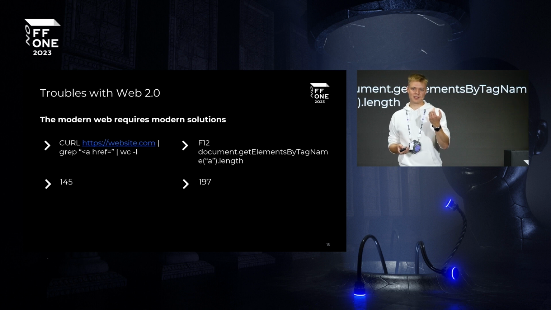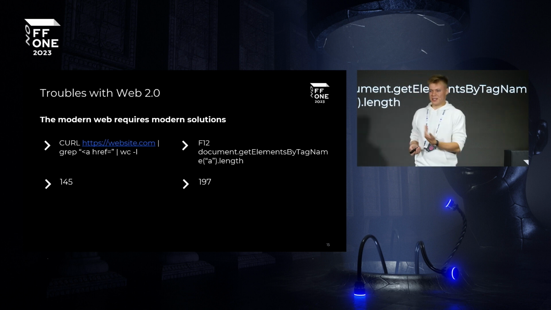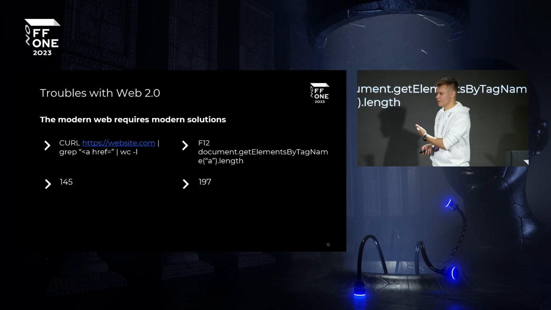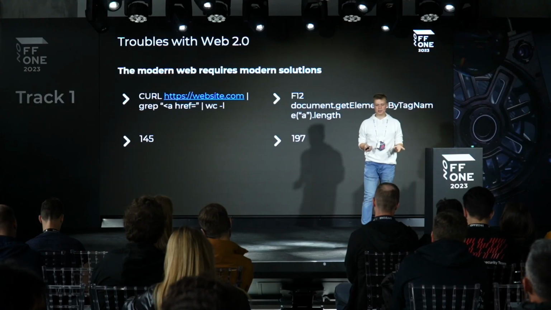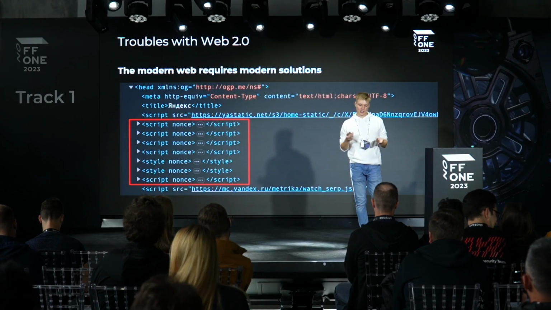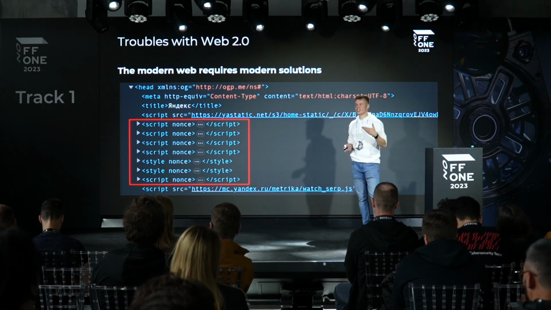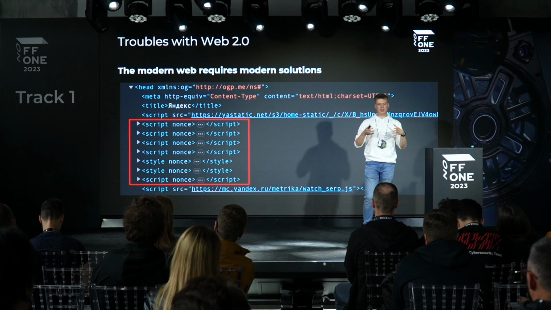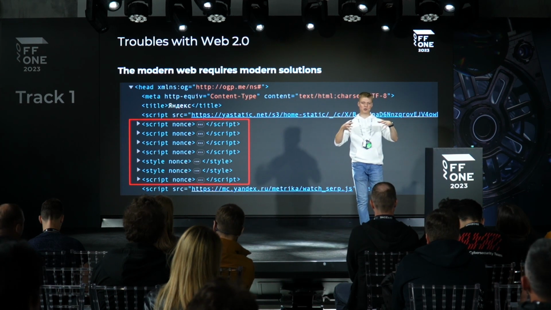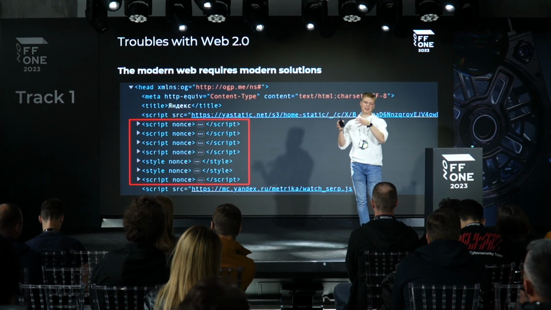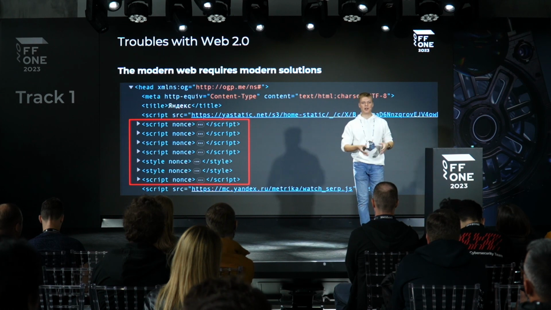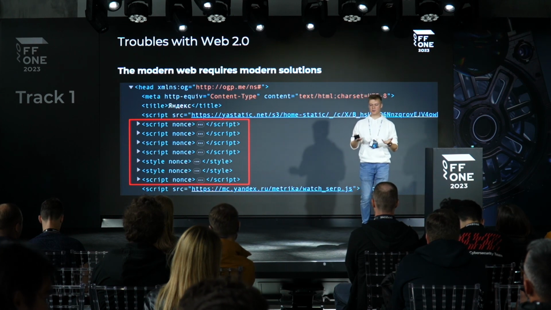So originally it was 145. I thought it would be different, but to be that much different, more than 35%, I wanted to find out why this was happening. So it turns out that in the modern web, most developers delegate the process of collecting the final HTML page to the user's browser.